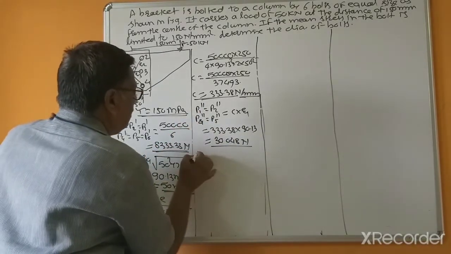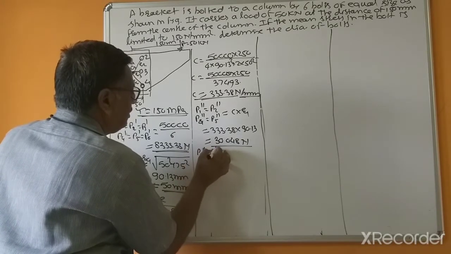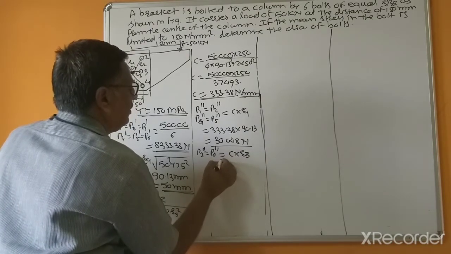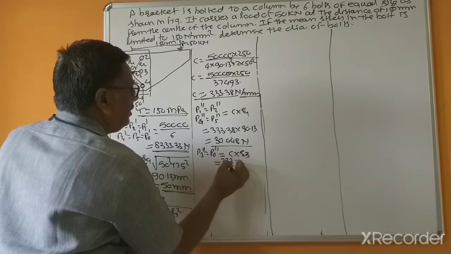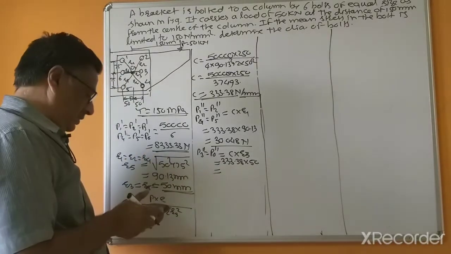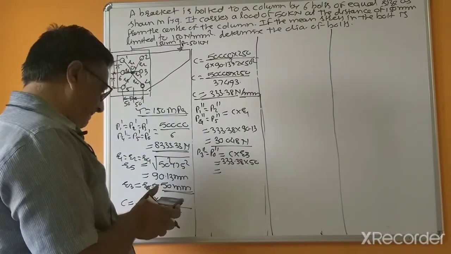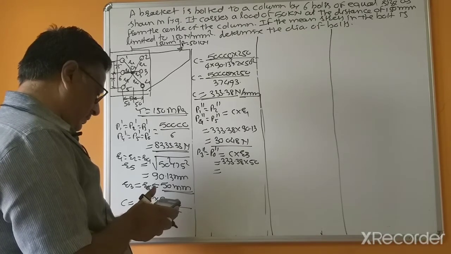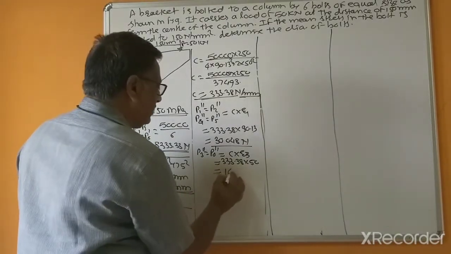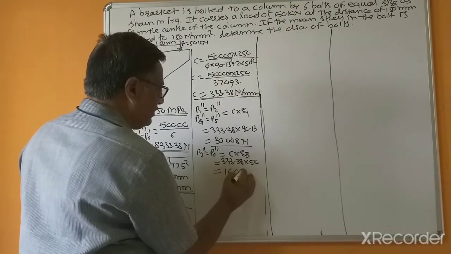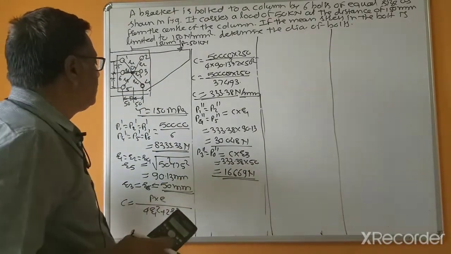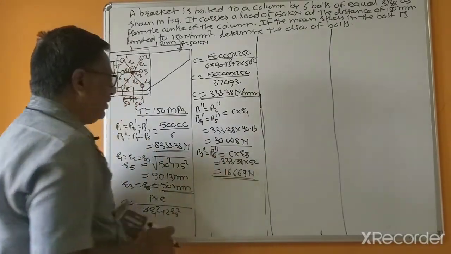Next, on third bolt and sixth bolt, this is C into R3. This is R3. 333.38 multiplied by 50. And this is 16,669 Newton. So this is secondary shear force acting on the third bolt and sixth bolt.